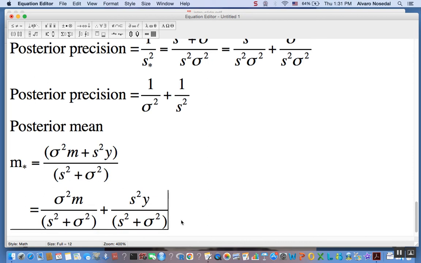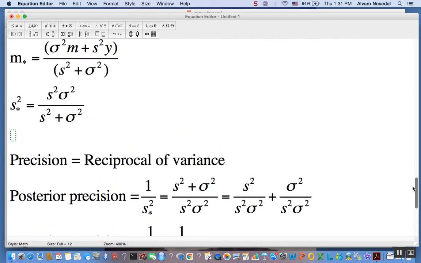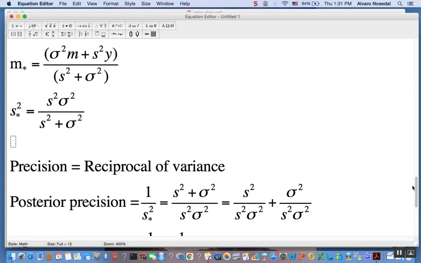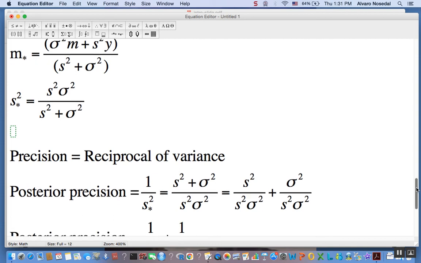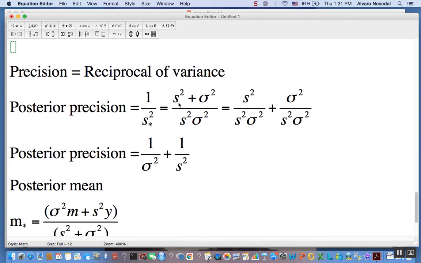Okay? Now, you guys remember that what we have here is that s star squared looks like this, right? And that the posterior precision is equal to s squared plus sigma squared divided by s squared times sigma squared.